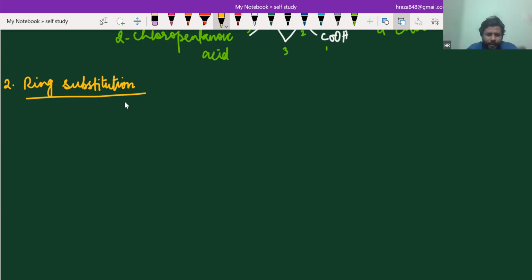As you can see, ring substitution, basically there are some groups which are meta directing.